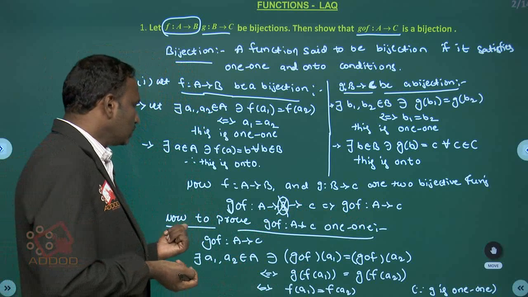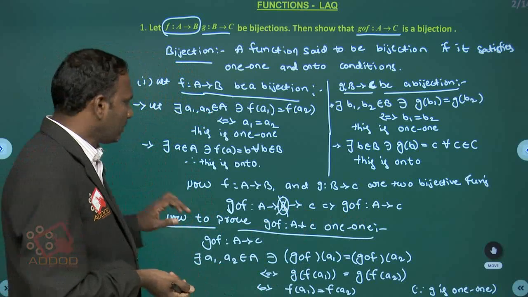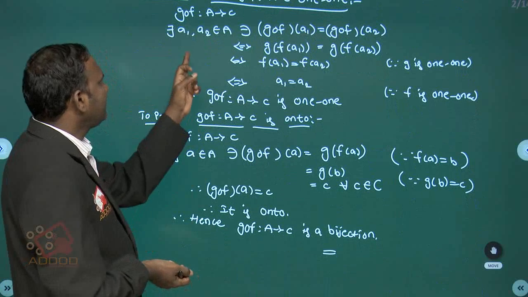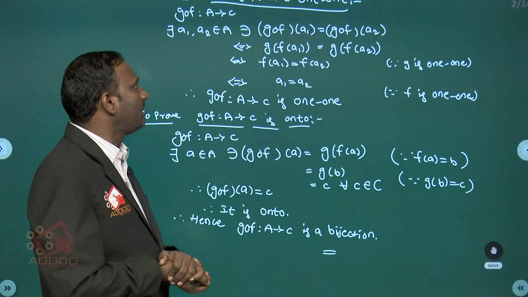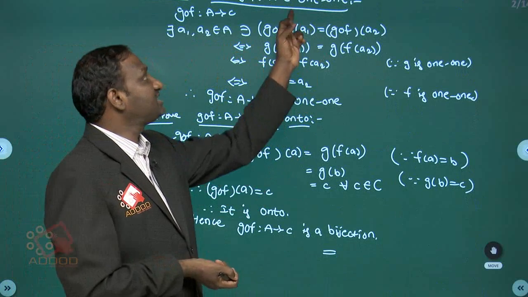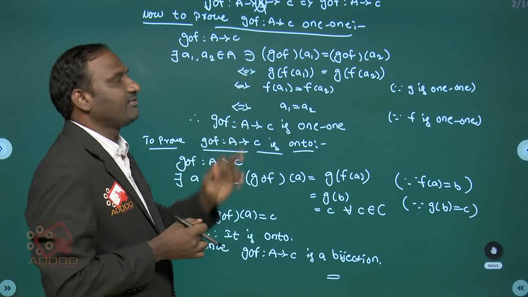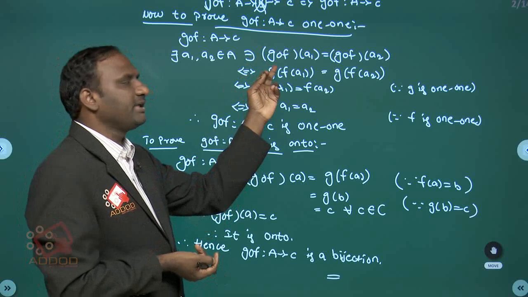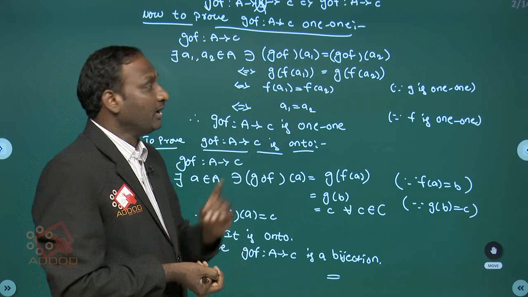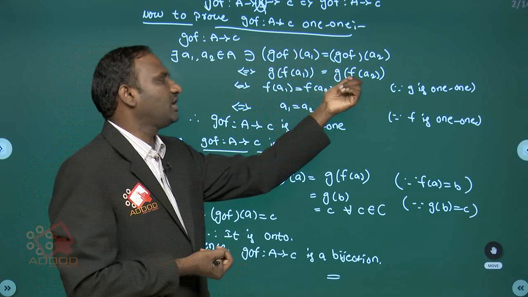So now to prove G circle F from A to C is one-one. For that, I am taking elements A1, A2 belonging to A, such that the function to be proved one-one is G circle F from A to C. For that, I am taking G circle F of A1 is equal to G circle F of A2, if and only if, splitting, G of F of A1 is equal to G of F of A2.